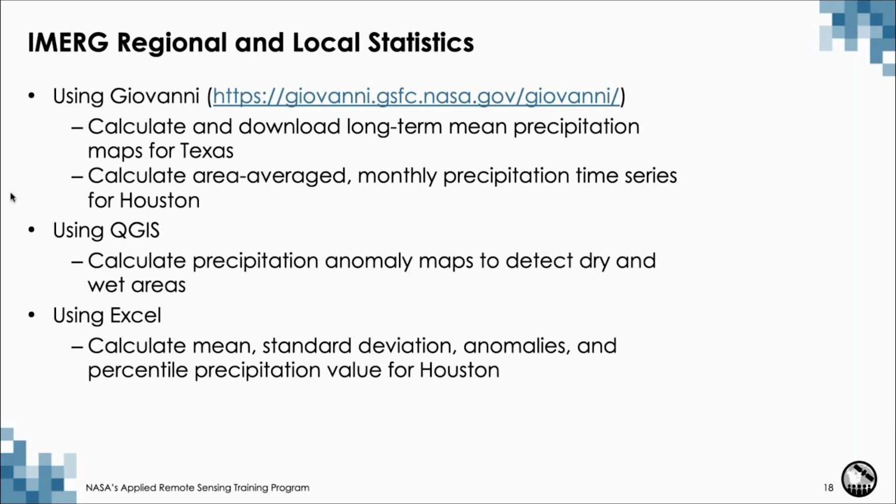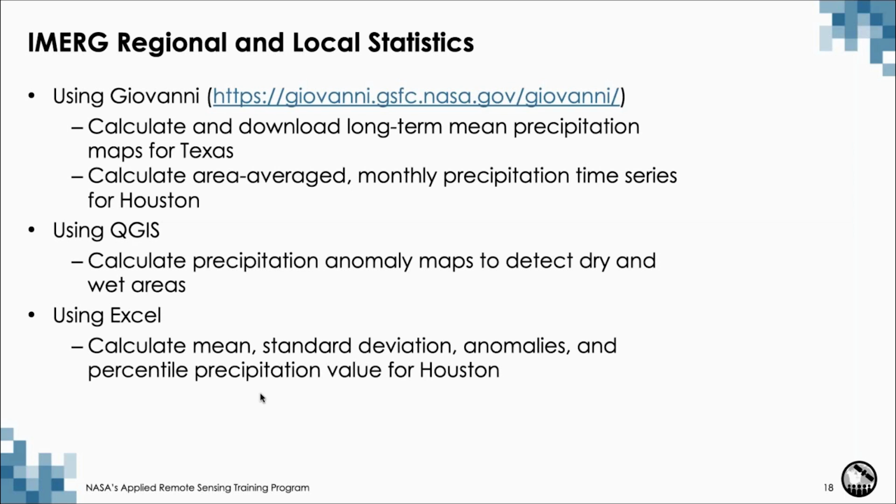Then using QGIS, we will calculate precipitation anomalies, as well as look at the standard deviation of precipitation, and see how we can look at dry and wet areas within Texas. Finally, we'll focus on the city of Houston, where we will learn to calculate mean, standard deviation, anomalies, and percentile values over the city, and that helps in deciding thresholds for dry and wet episodes.